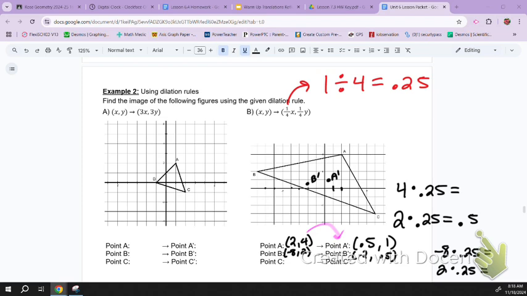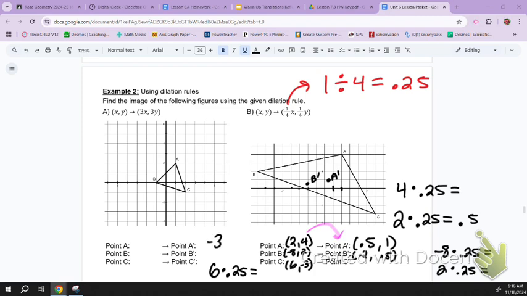Point C is at 6, -3. So again, to find this point, I'm going to do 6 times 0.25.